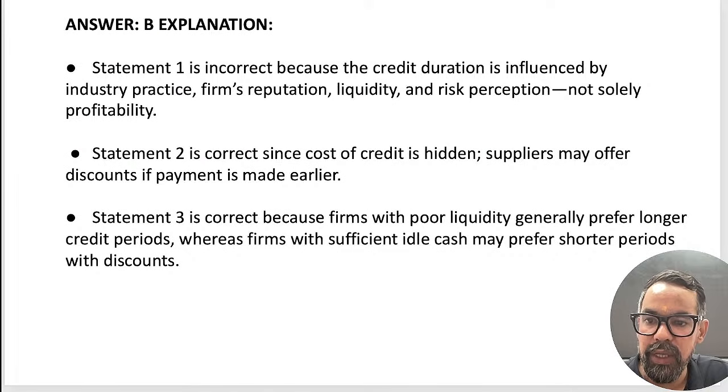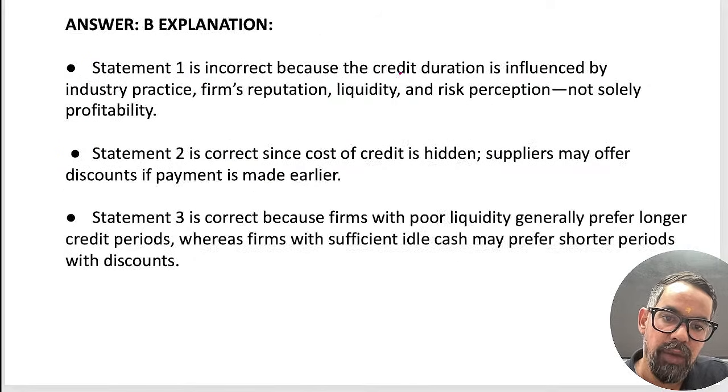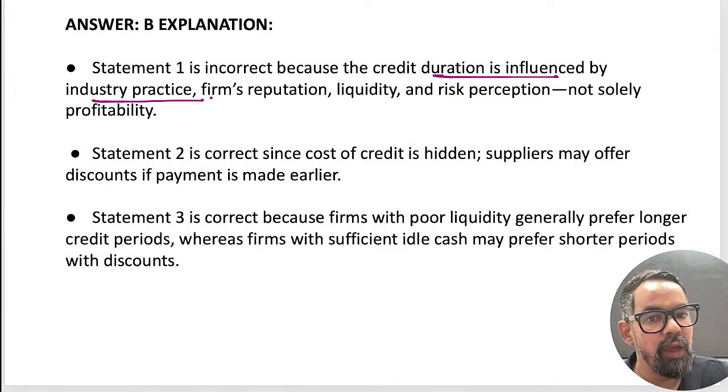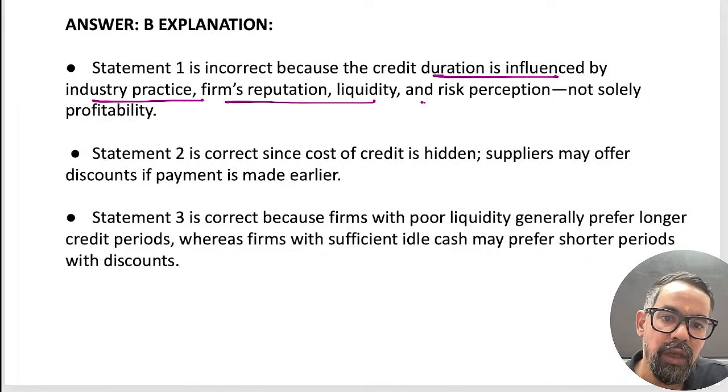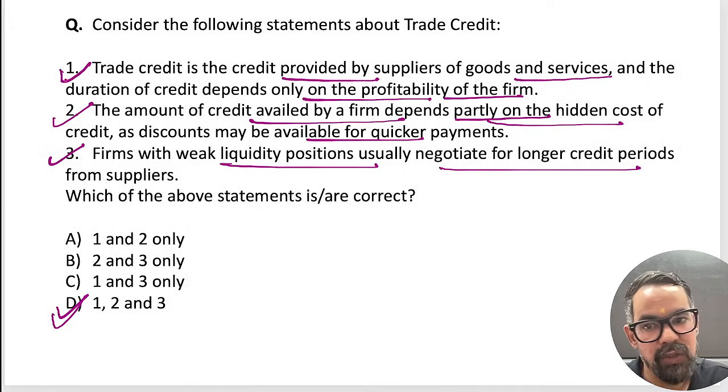Not D, it's B. B means credit duration is influenced by industry practices, firm reputation and liquidity. The same thing was mentioned, no? Okay, it is saying not only profitability, it is adding other dimensions also. Sorry guys.